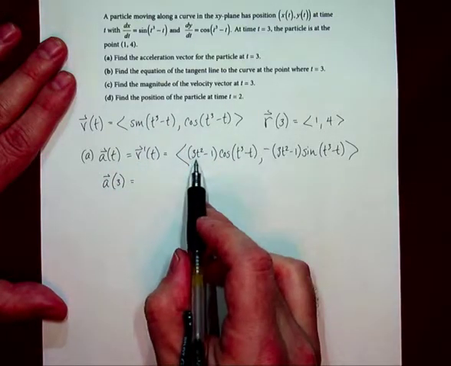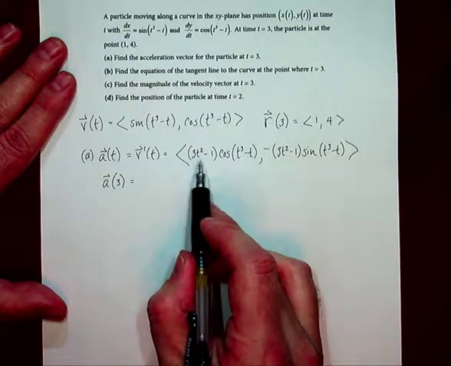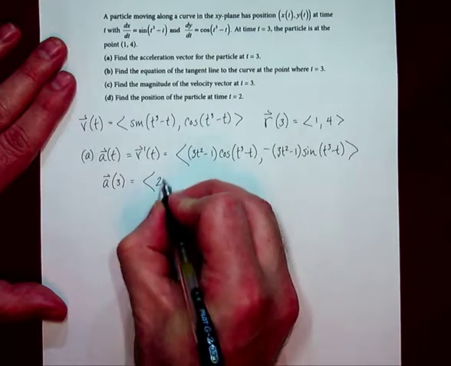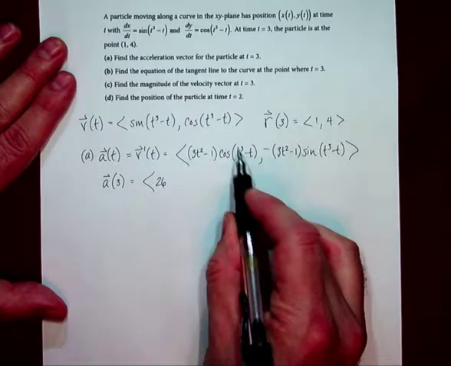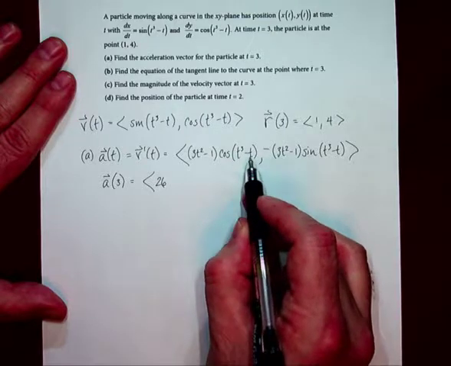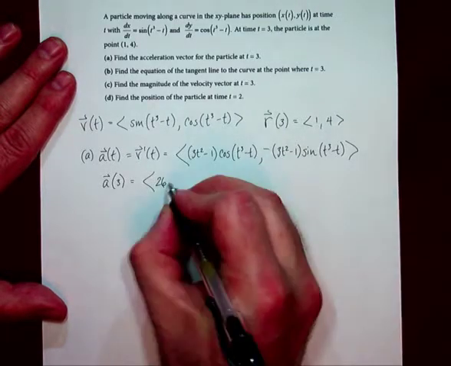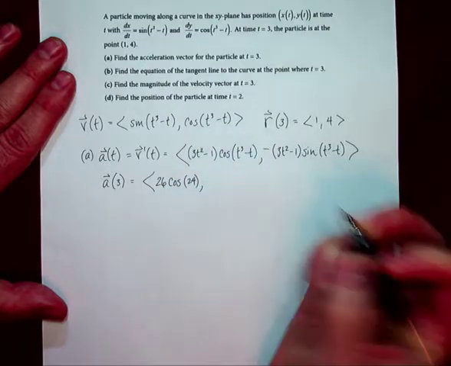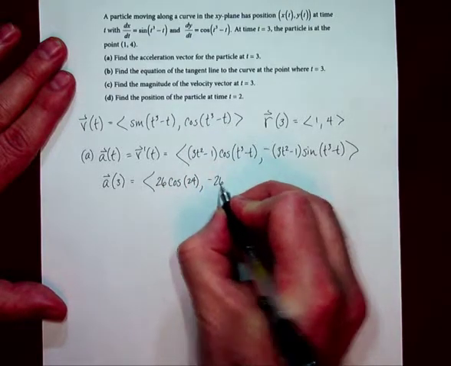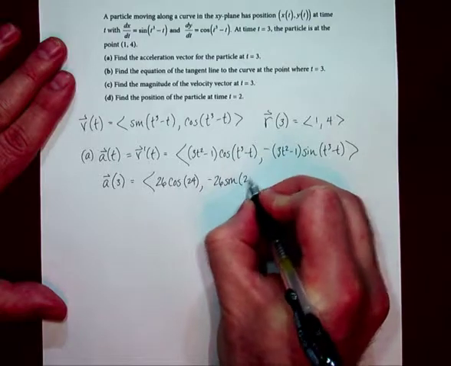Plug in 3 here, you get 27 minus 1, or 26. Plug in here, you get 27 minus 3, or 24. So it's 26 cosine of 24, and this one's going to be negative 26 sine of 24.